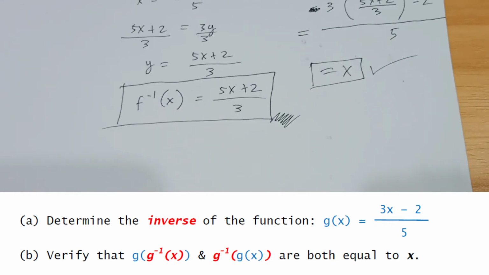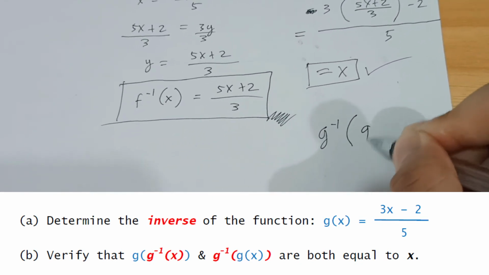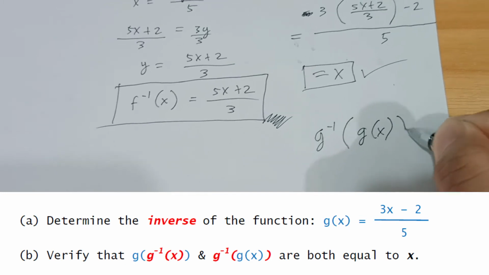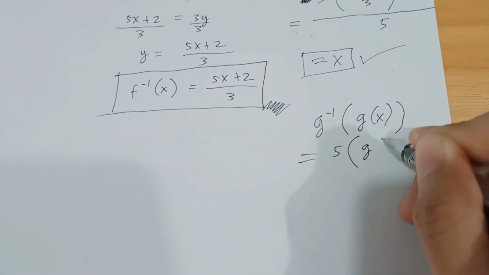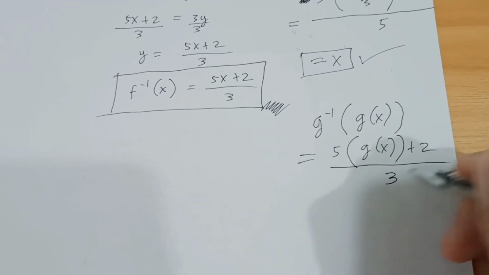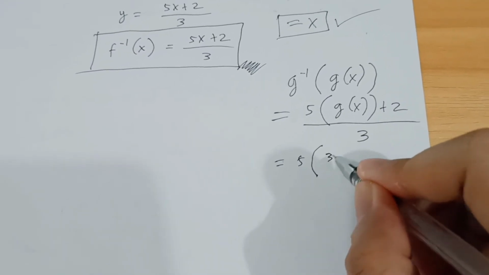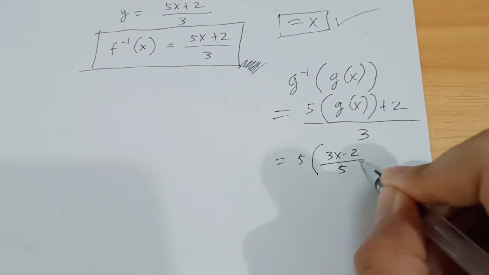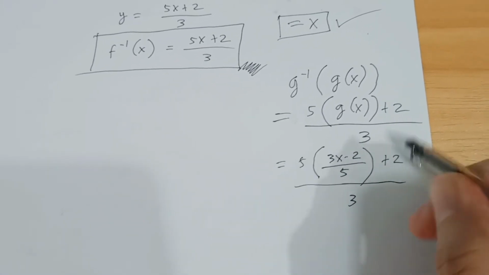Okay. Then last one natin yung inverse function, nasa loob yung g of x. So copy mo to. Palitan mo ng g of x yung x. Ganyan yan siya: 5 times yung original na g of x, 3x minus 2 over 5, tapos plus 2 over 3.